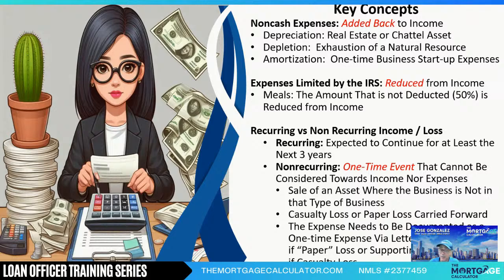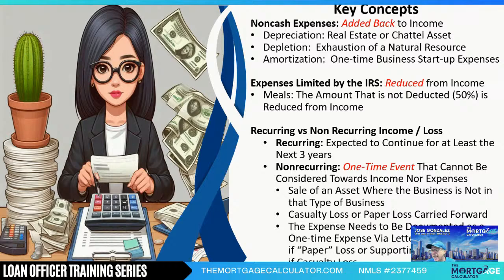We're not accountants, but we can certainly reach out or have the borrower reach out to the accountant to provide a letter of explanation as to what that loss was, so that we can document to underwriting that it is a non-recurring, also known as a paper loss, that was carried forward.